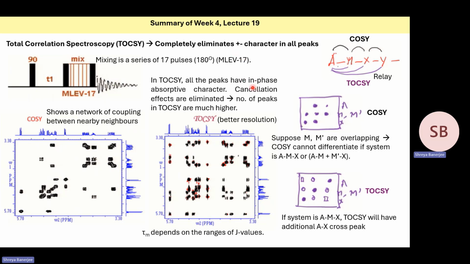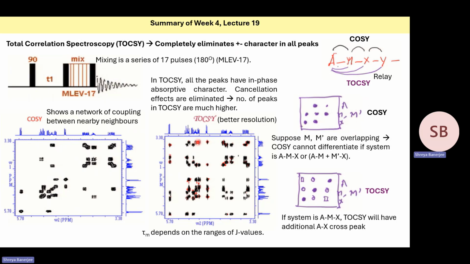So all the peaks will have in-phase character, and so cancellation effects are eliminated. In COSY, you know that if there is overlap of peaks due to antiphase character, some peaks can get cancelled out. But in TOCSY, this cancellation effect is eliminated because all the peaks are in phase and the number of peaks is much higher. So you can see resolution in TOCSY is much better because there is no cancellation of peaks.